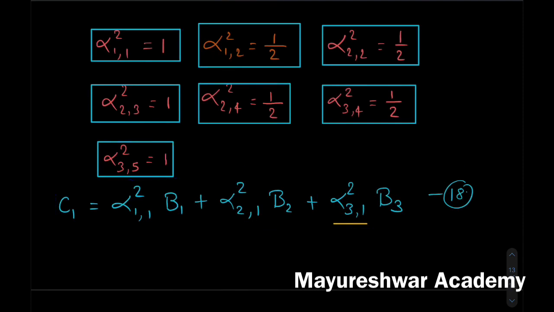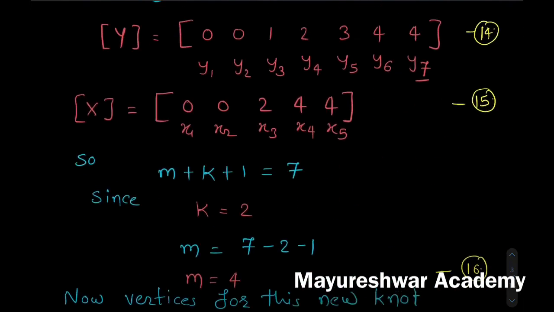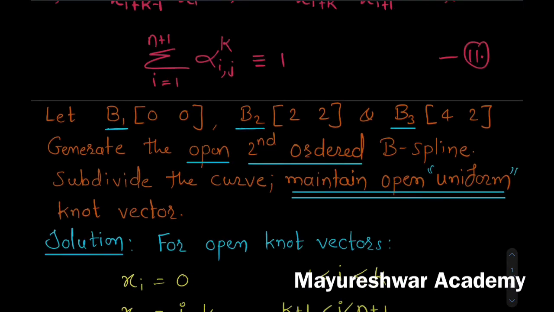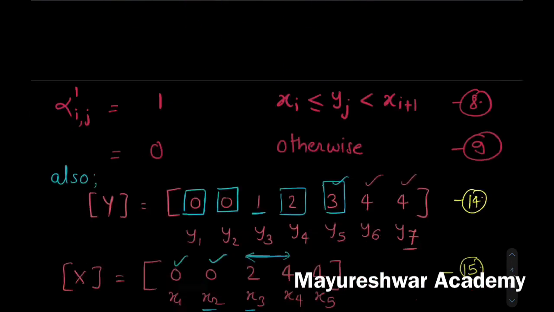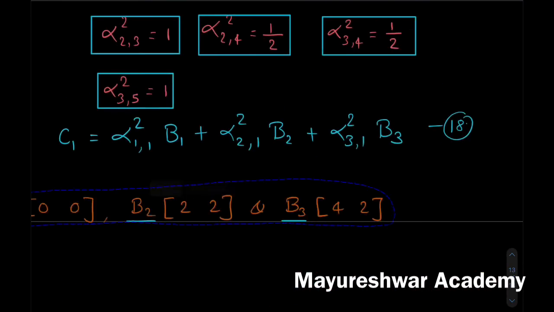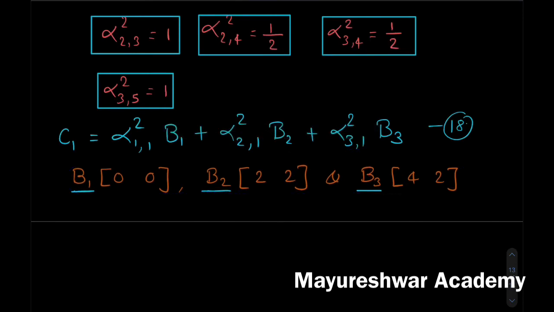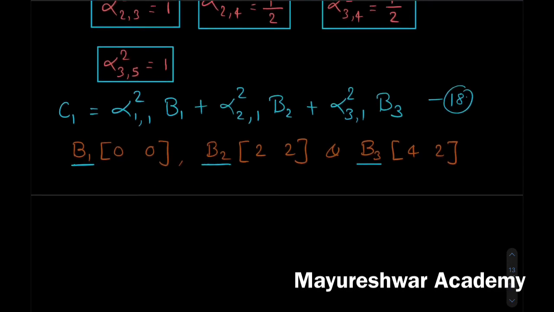Look for values of these coefficients. Alpha 1 comma 1 is unit value. We need these B's, so let us copy them, B1, B2, B3. These are vertices which in the expression of C we are going to use. Now we have all the coefficients and values which are needed.